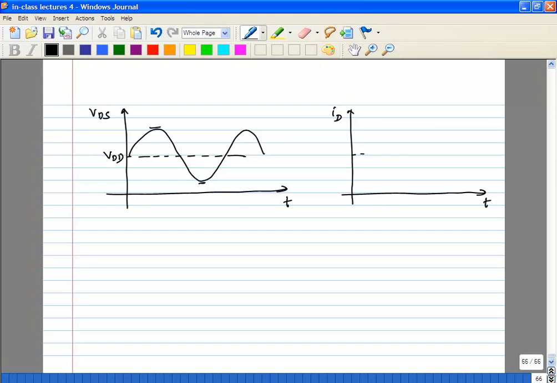And you have some DC current, and obviously for class A you make sure that ID is always greater than 0, so the transistor is always on.